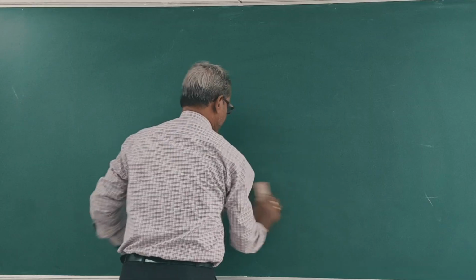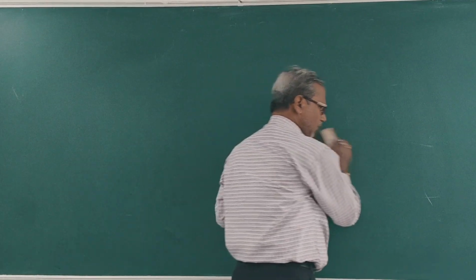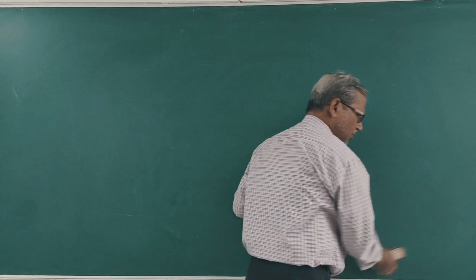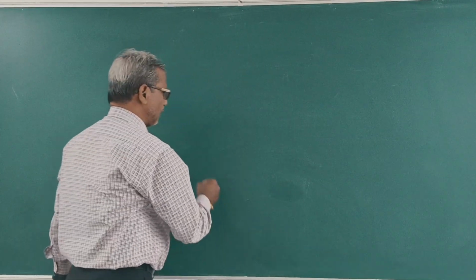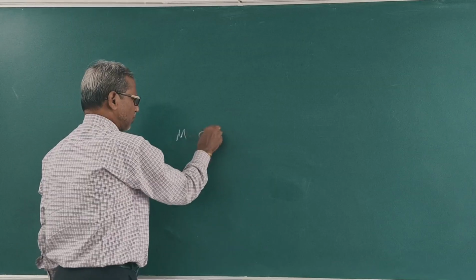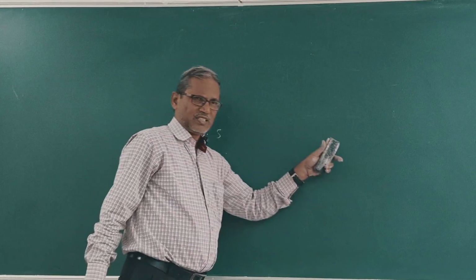Very important theory topic. This is used for both fluid mechanics and MOS. Tomorrow I will start MOS, mechanics of solids. Clear? So moment of inertia and CG are useful for MOS.